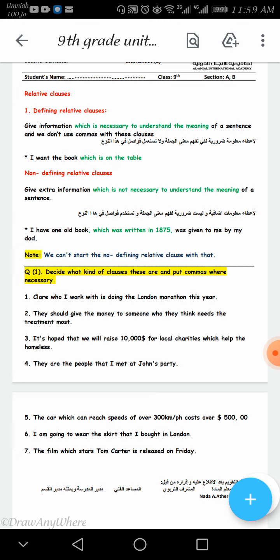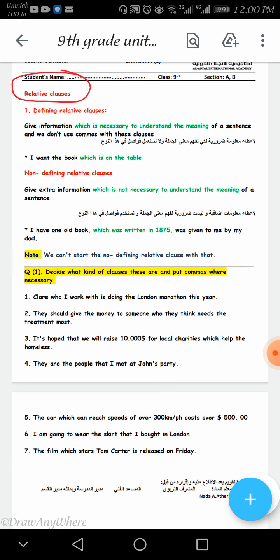Now, before I start, I want you to read the title, relative clause. Do you remember what is the meaning of relative clause? Yes, it's a clause that starts with one of the WH words: what, who, which, that, where, when, and we talked about relative clauses in the last unit.